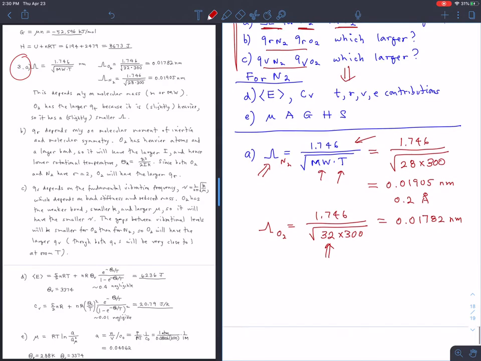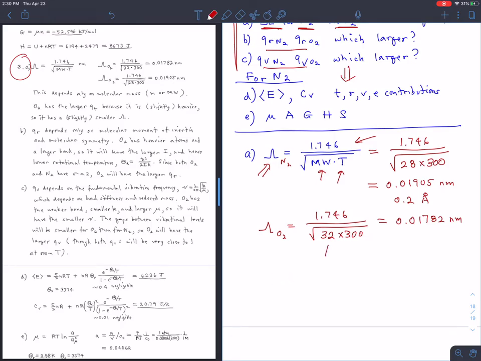So a de Broglie wavelength, just to remind everybody what the de Broglie wavelength is in general, not the thermal de Broglie wavelength, but the quantum mechanical de Broglie wavelength, it's Planck's constant divided by mass times velocity. So if you have the same velocity but a heavier mass, you've got a shorter de Broglie wavelength, and that's what's happening here. The thermal de Broglie wavelength has the same properties.